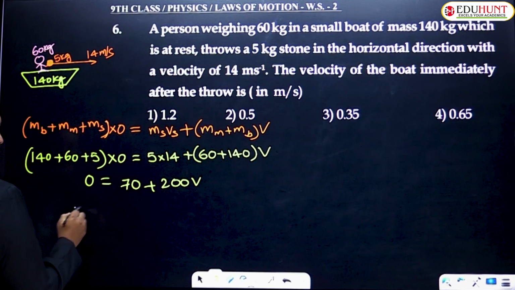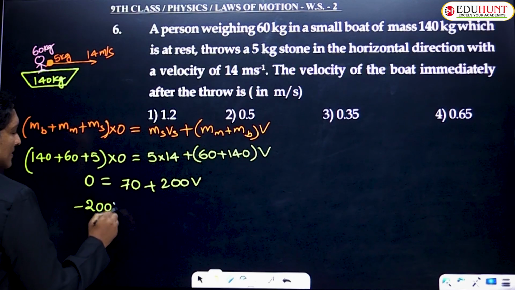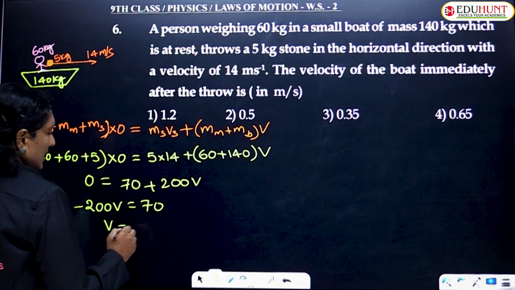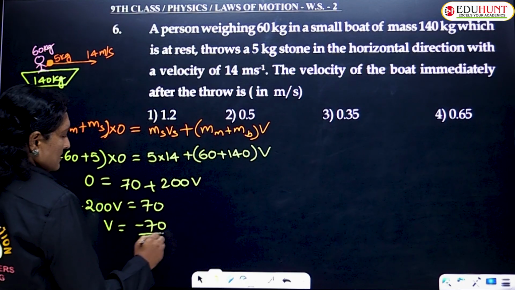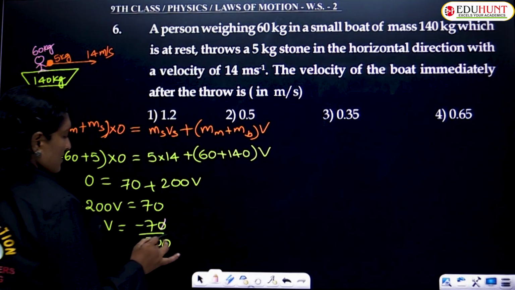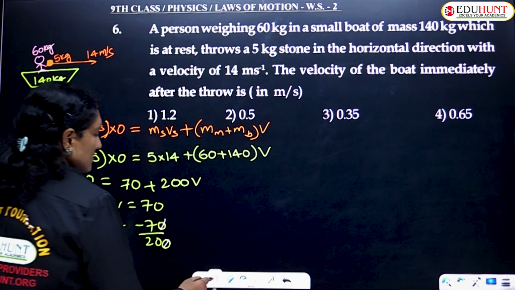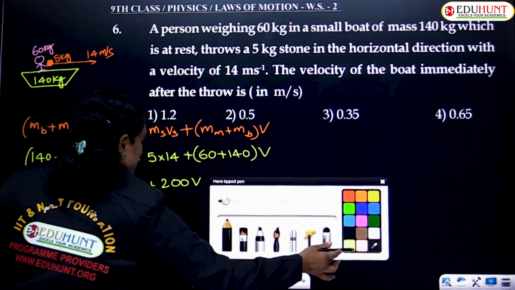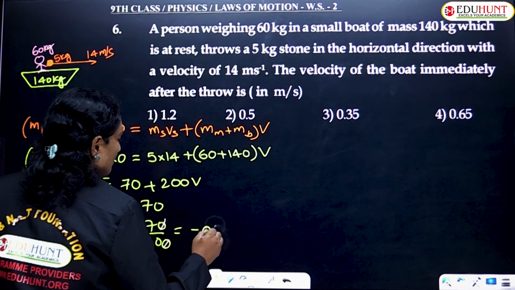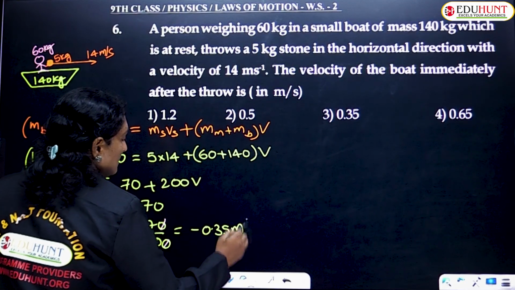Bringing 200V to the other side, 200V must be equal to minus 70, or V can be written as minus 70 by 200. After further simplification, we have 7 upon 20, which is 0.35 meter per second.